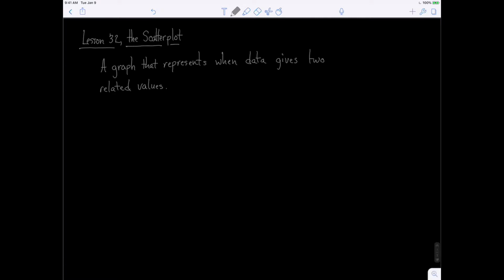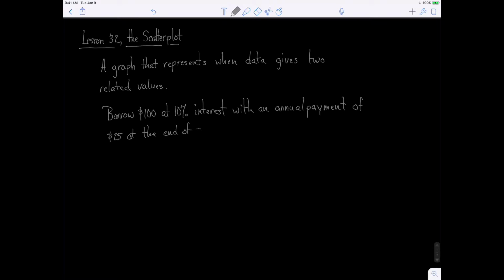Borrow $100 at 10% interest with an annual payment of $25 at the end of the year.